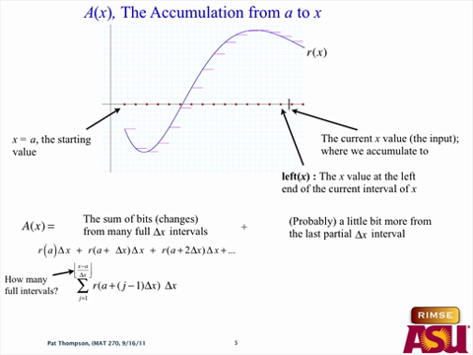So that's the sum of the delta y's for all the full intervals. Okay? And then the little bit more. What goes into the rate? What rate are we going to use for that last partial little interval? Where do we get that rate from?